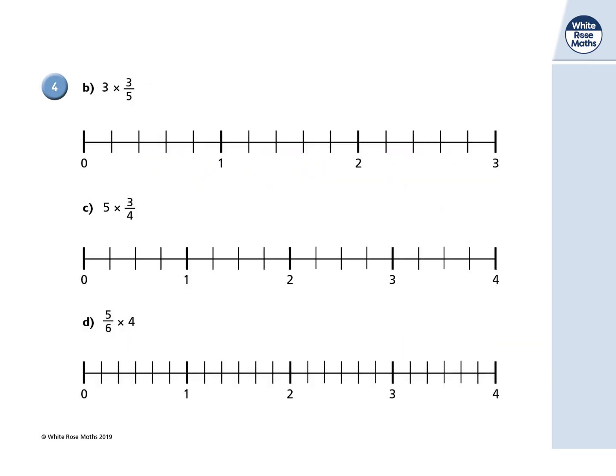Do this exercise together. 3 times 3/5. We have here, let's count. Each block represents 1, 2, 3, 4, 5. So 3/5 is here, right? This is 3/5, so we have to count it 3 times. This is 1 time.